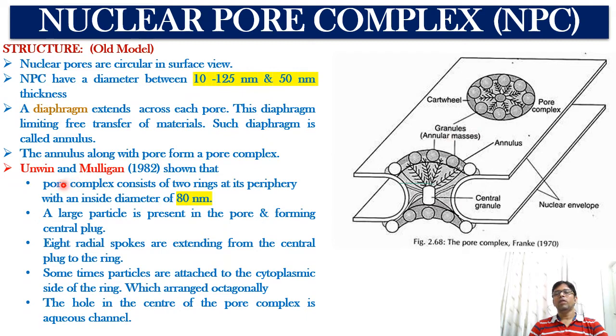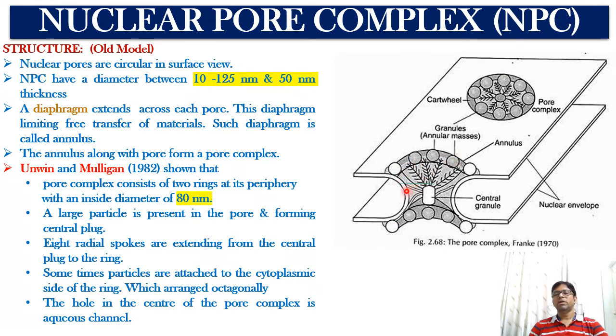According to Unwin and Mulligan, each nuclear pore consists of 2 rings at its periphery, one towards the cytoplasmic side and another towards the nucleoplasmic side, and each ring has an inner diameter of 80 nanometers.